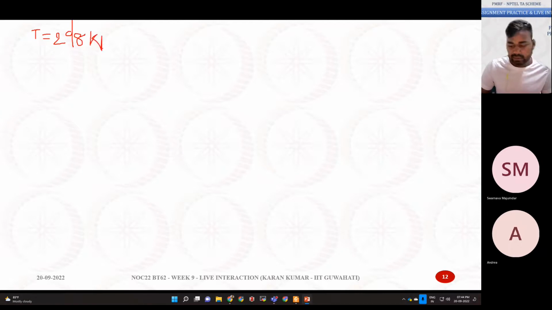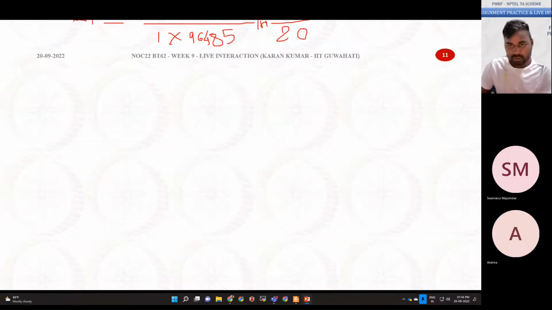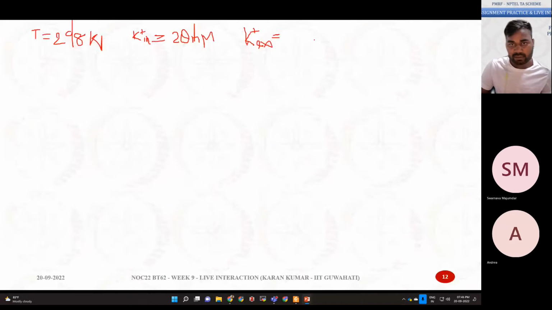Then K plus internal is how much? 20 millimolar. Then K plus external, what was the value? 340 millimolar.